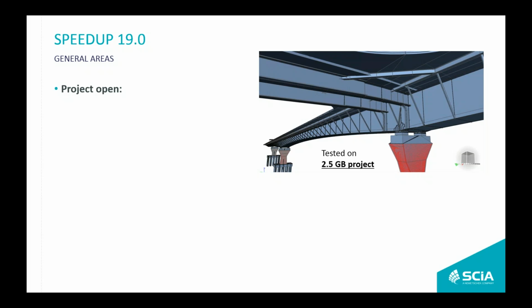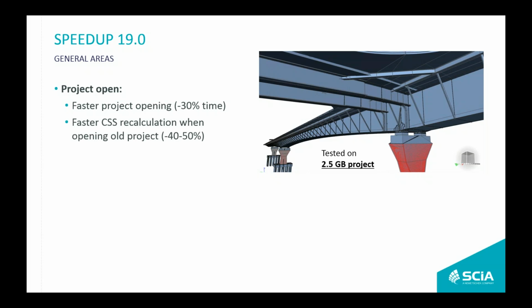So for this general speed up improvement, I chose a project of quite extensive size, 2.5 gigabytes with lots of members. The first speed improvement in 19.0 is that projects are opened faster.